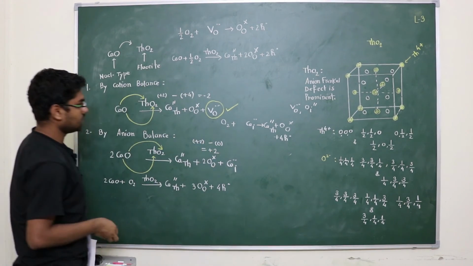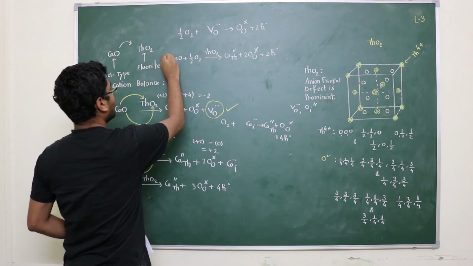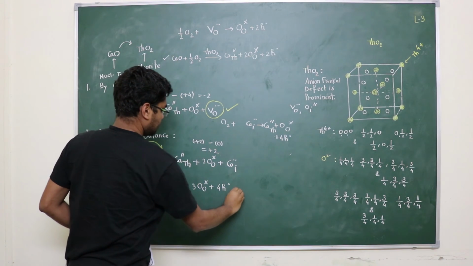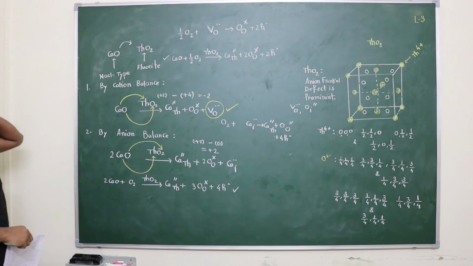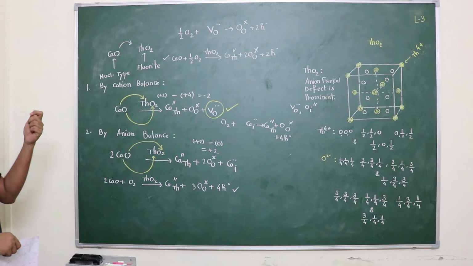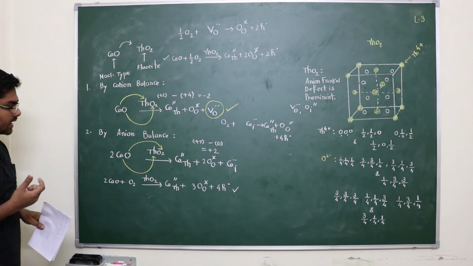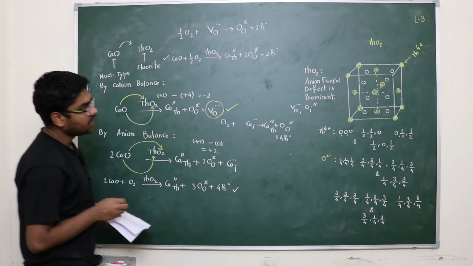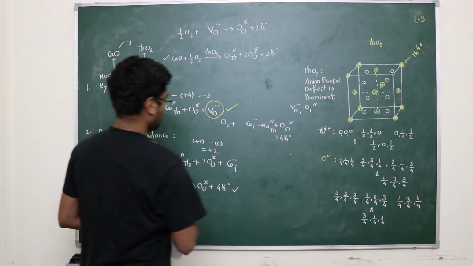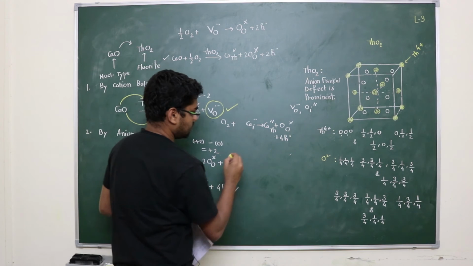So these are the overall defect reactions. Here the overall defect reaction is balanced by holes. As the overall reaction is balanced by holes, this is called a reduction defect reaction.